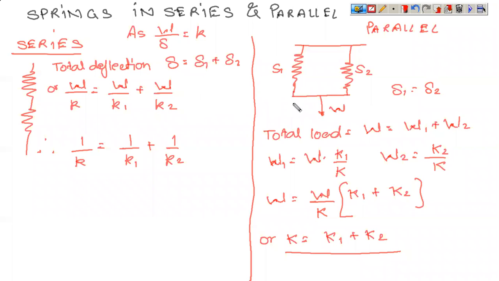Now you need to remember that if you have two springs, both will be either open coiled or both will be closed coiled. You will not have a situation where one is an open coil and the other is a closed coil, because one is a compression spring and the other is a tension spring. So both behave differently. So the load under which they are acting has to be in conjunction with the type of spring that has been used.